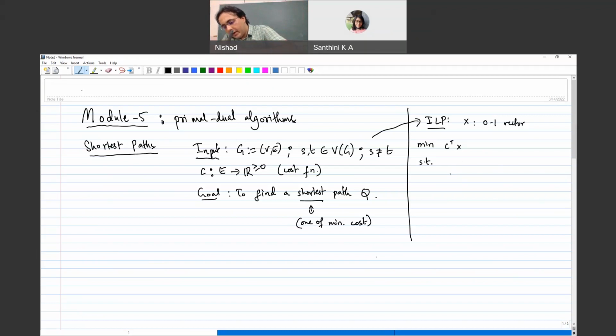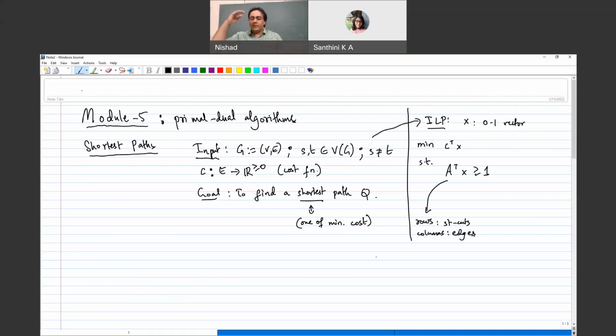So for every ST cut, we have a constraint. So I'm going to write it as AX at least one. And here the matrix A has rows indexed by the ST cuts, and the columns are indexed by the edges of the graph, right?